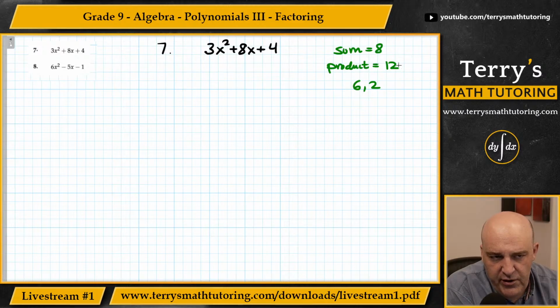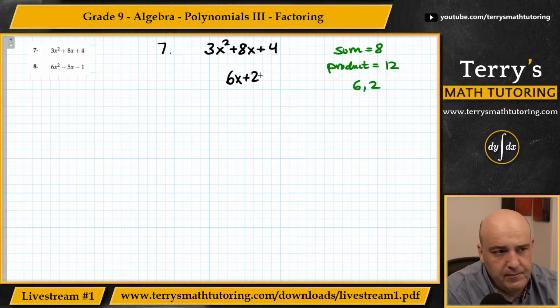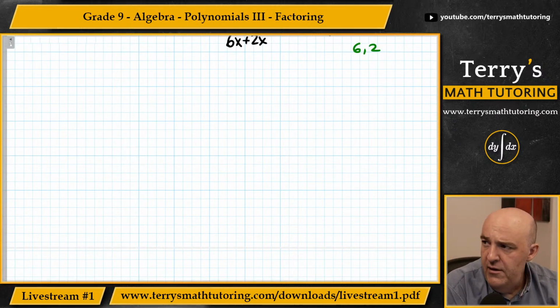So notice we got 12 by doing 3 times 4, but the numbers we're using here are 6 and 2. So just because we multiply 3 times 4 to get 12, it doesn't mean 3 and 4 are the numbers. It could be, but in this case, it's not. So 6 and 2 are the nice numbers. And we're going to break this middle term up into 6x plus 2x.